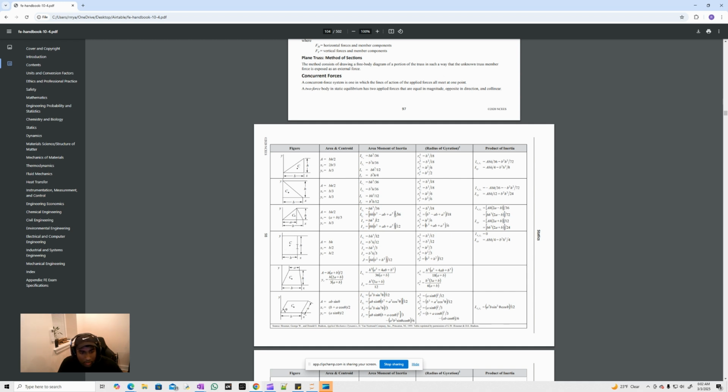That base term, the term which isn't cubed, is always parallel to the axis of interest. For Ix, the single term is just the b because it's parallel to the x-axis. For Iy, the single term is the h, which is why it's parallel to the y-axis.